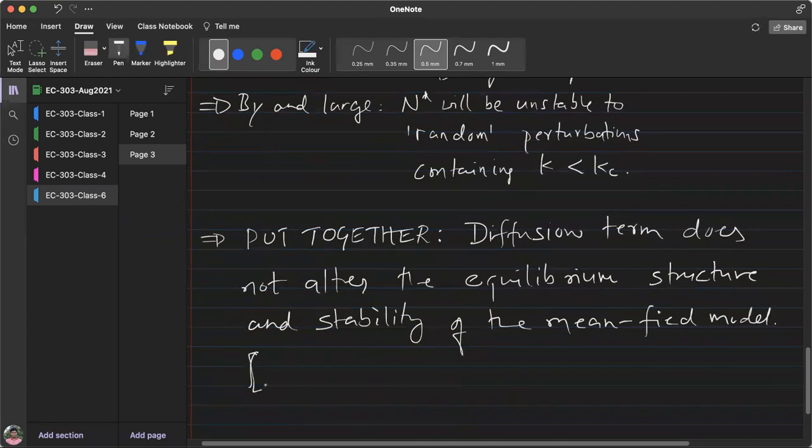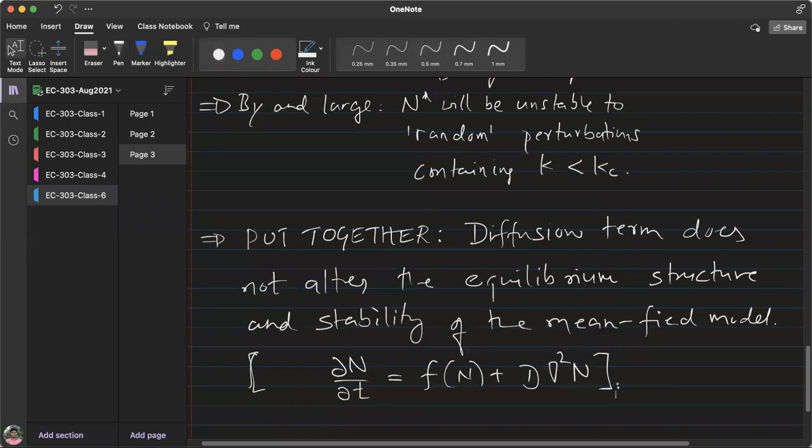And of course, the context is reaction diffusion equations of this form. Although I have shown you all of this for one dimension, this should hold true even for two dimensions. Any questions before I move forward?